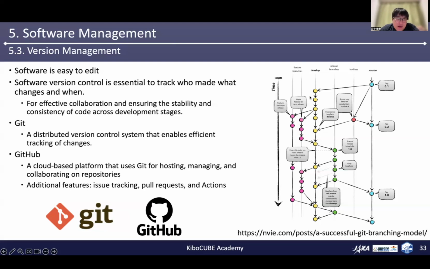By using Git, we can easily make this kind of branch, and we can easily track the change history of each branch, and also the merge history of the main branch, or master or development branch. And this kind of version management is very, very important for software development.